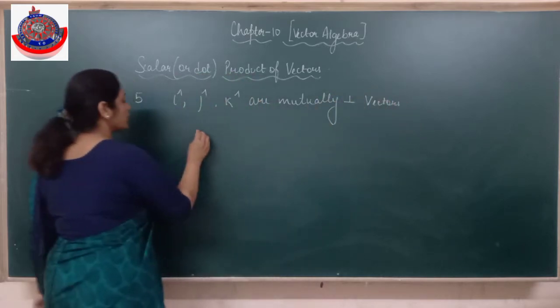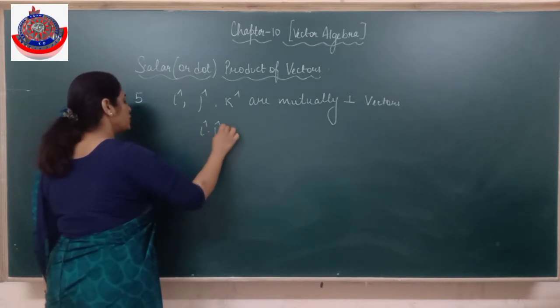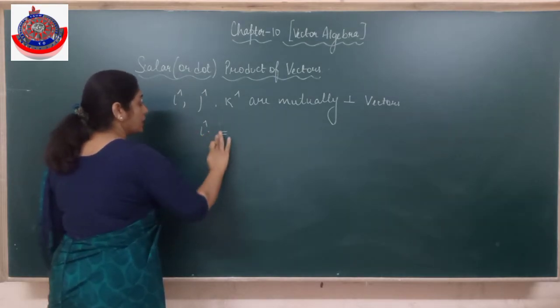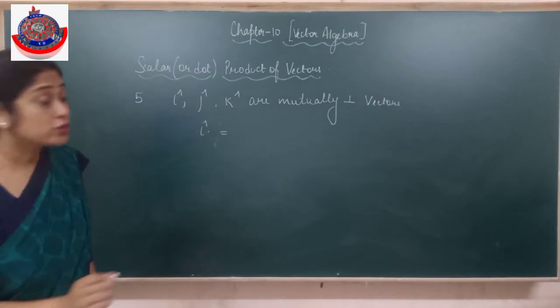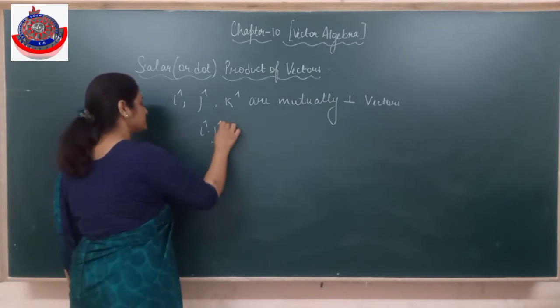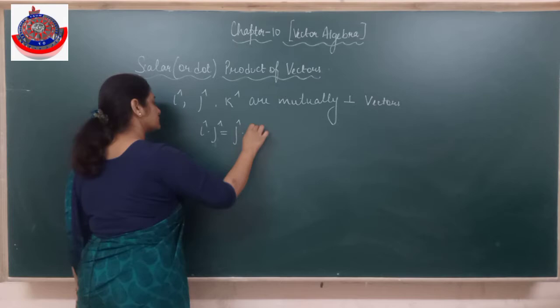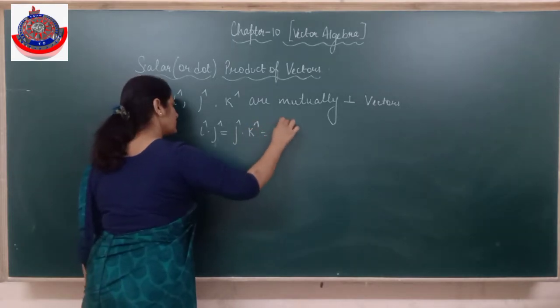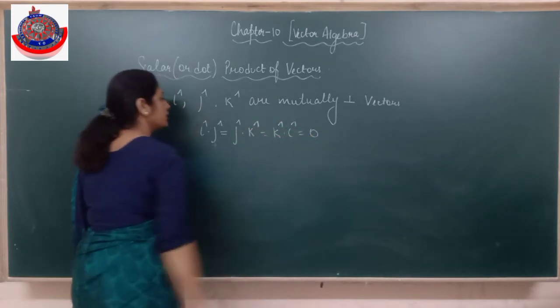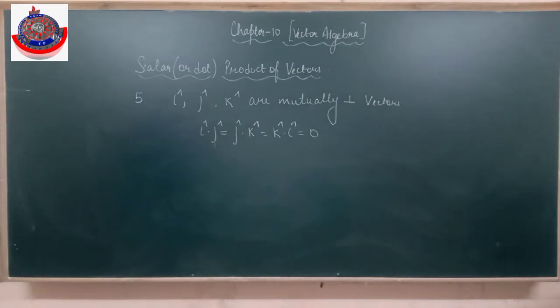If they are mutually perpendicular, that means their dot product should be equal to 0.